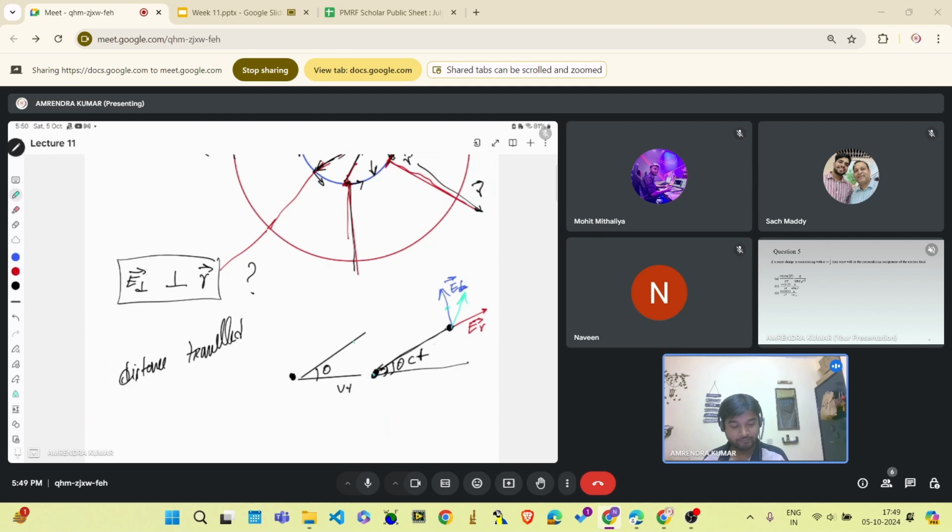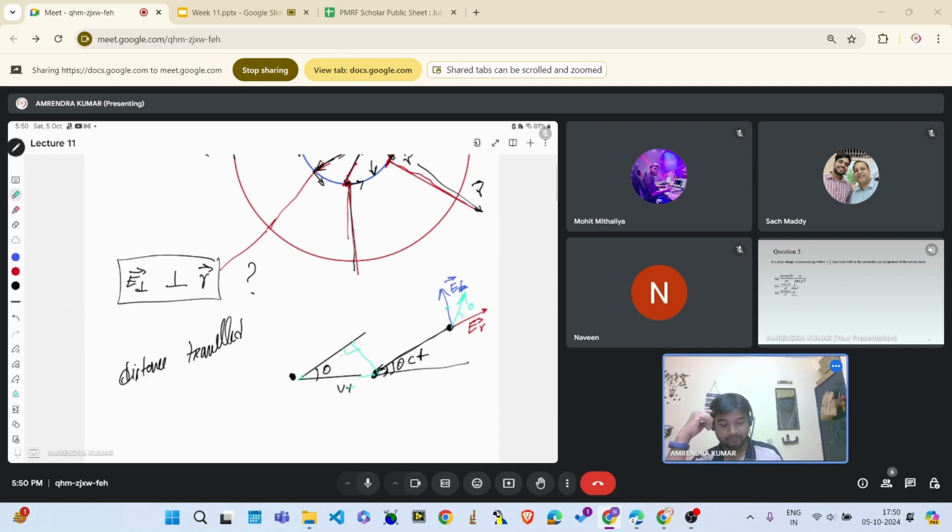The angle is again theta. This distance is ct, and if it is moving with, let's say, velocity vt, then this is the perpendicular.